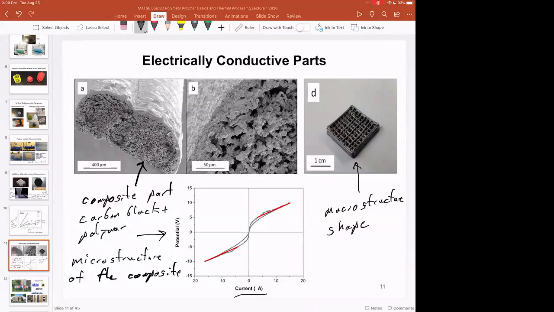And so we're going to talk about the connection between material, printing technique, shape, and then we're going to talk a lot about material characteristics and how those material characteristics in additive are perhaps different than the material characteristics in conventional polymer processing. So if you want to learn how to do slicing, and if you want to learn how to build printers and stuff like that, there are other courses for that. This is really going to focus again on the materials issues, all the way from chemical structure to microstructure to shape and its relationship to process.